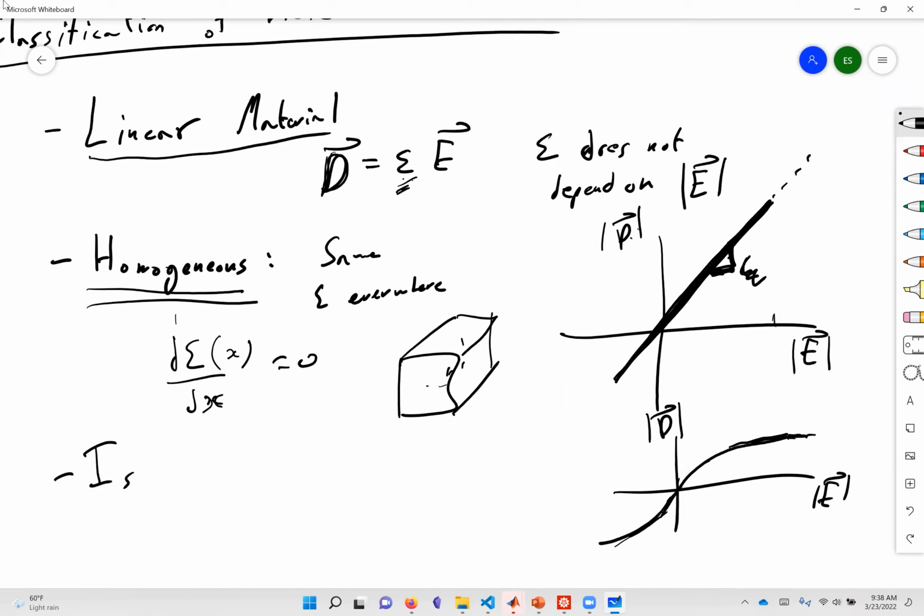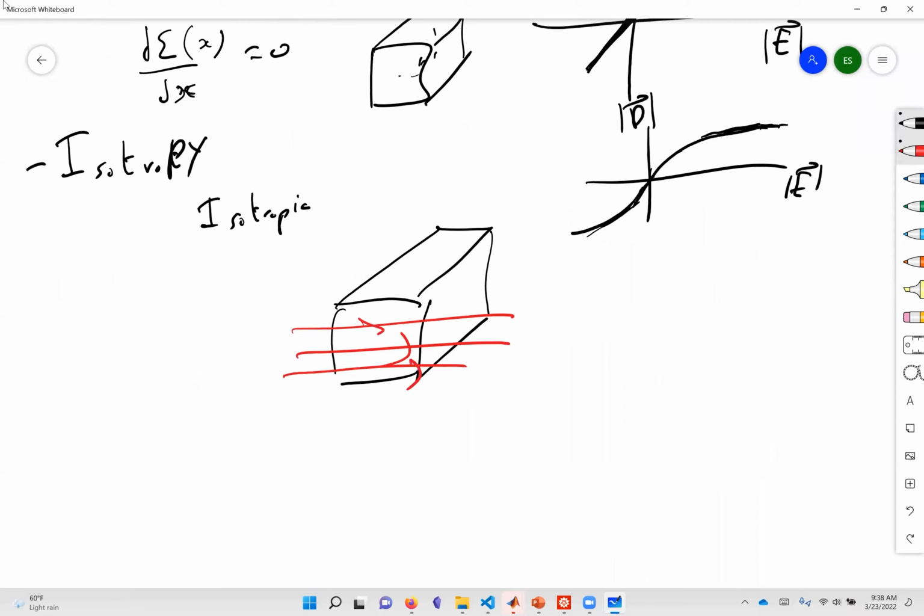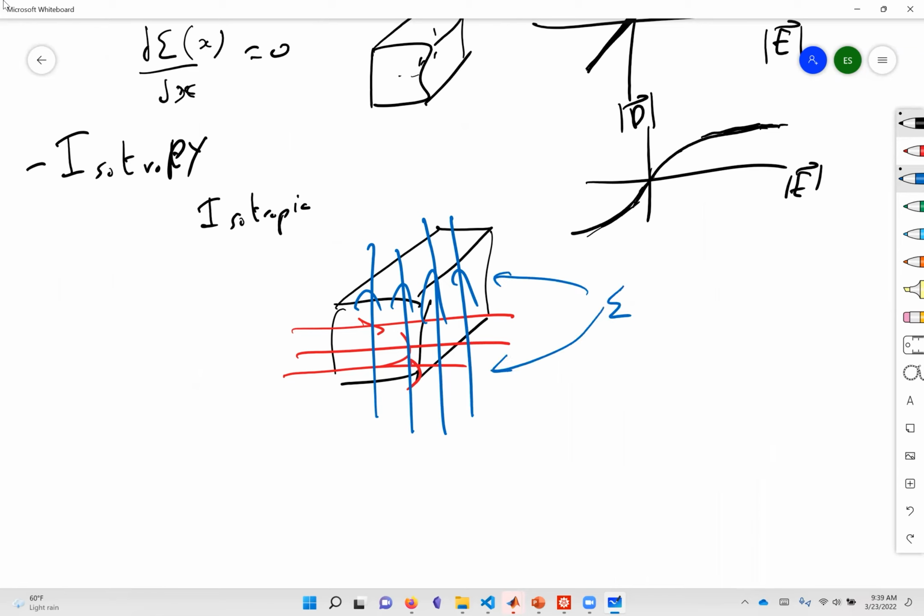The final property is isotropy. We say that the material is isotropic. Say you have a crystal, some material, and the E field is facing this direction, or this direction. If epsilon varies with the direction of the electric field, then we say that the material is not isotropic.